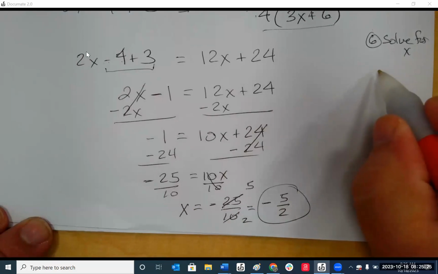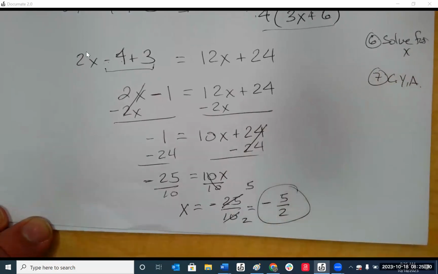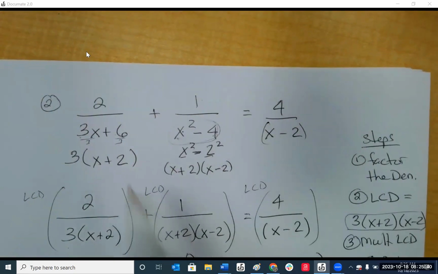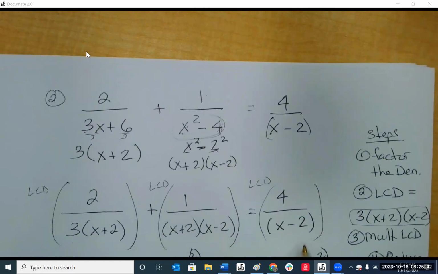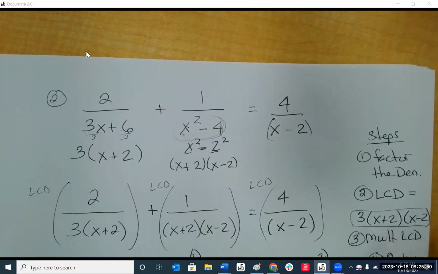Remember, step 7 is check your answer. Well, we can save ourselves the time by looking at, once we find the LCD, whatever x makes any of these equal 0, we cannot use.